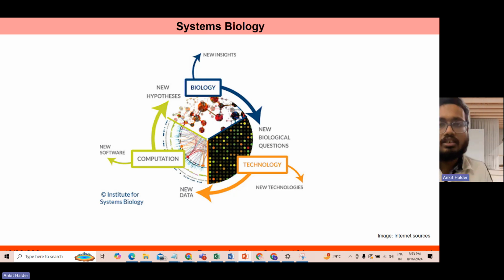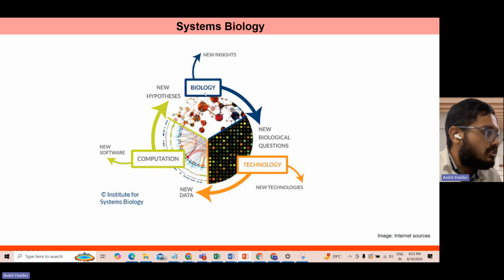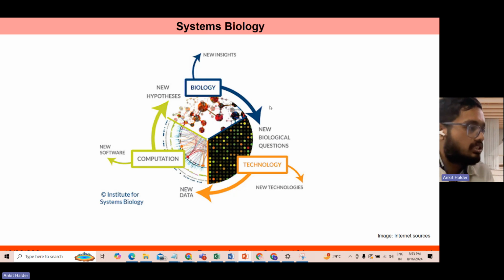So if you see that there are three major domains: one is biology, then computation, then technology. So new technologies will lead to new data, new understanding, new biological questions, new insights, and computation for new hypotheses and new software.